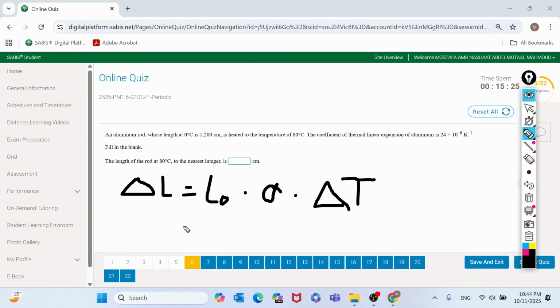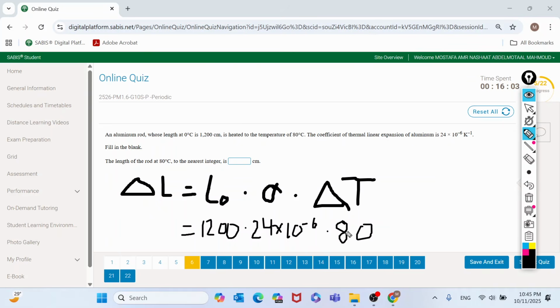So here delta L, we don't know it. The initial length is 1200. The coefficient is 24 times 10 to the power of negative 6, times delta T, which is 80 minus 0, T final minus T initial, so times 80.